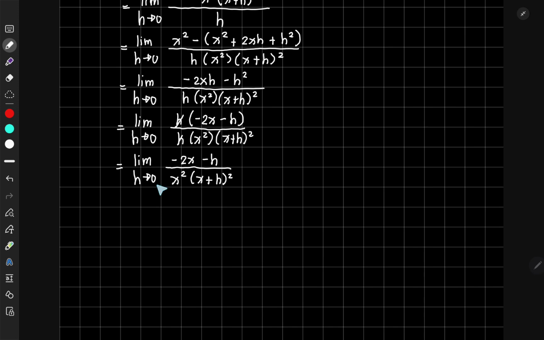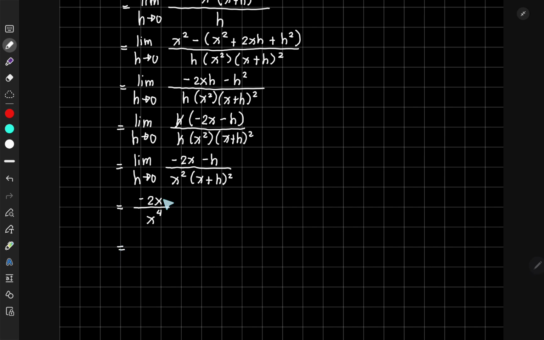Substituting 0 for the variable h, in the numerator, what remains is negative 2x. In the denominator, we have x plus 0, so it becomes just x squared. So x squared times x squared gives x raised to 4.